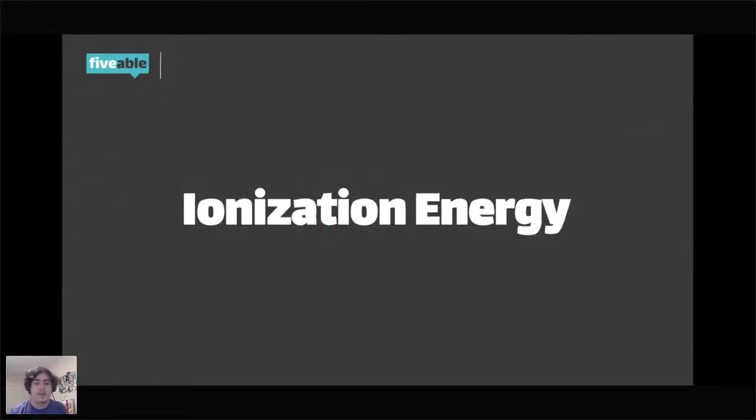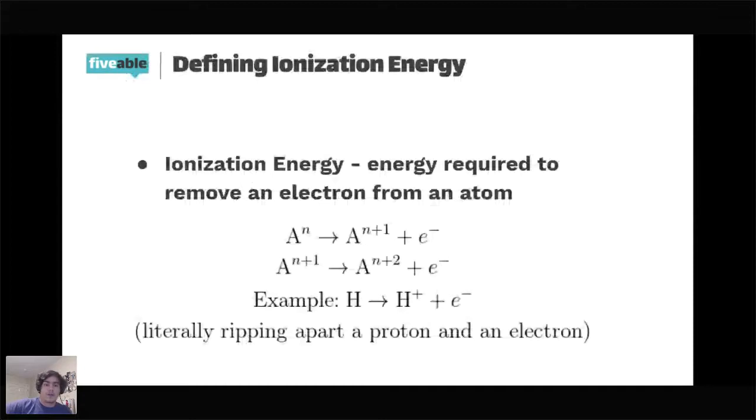So ionization energy is the energy required to remove an electron from an atom. Here we have a general reaction. This is an atom A with charge N, and ionizing it would be it losing an electron and gaining a +1 charge. So for example, a neutral hydrogen atom ionizing would produce a hydrogen ion with a +1 charge and an electron.